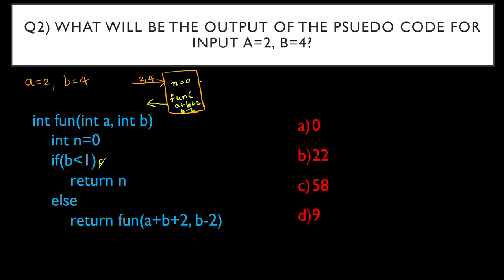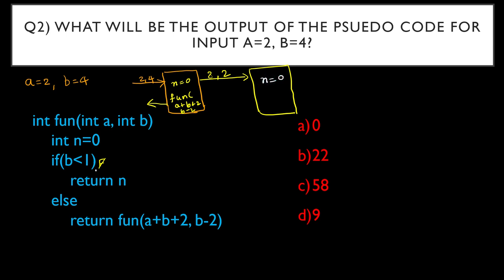What is the value of A here? A plus B plus 2 is the value of A, that is 4 plus 2 is 6, 6 plus 2 is 8 is the value of A, and B minus 2, that is 4 minus 2, 2 is the value of B in this new function call. So again we are creating n is equal to 0 here.